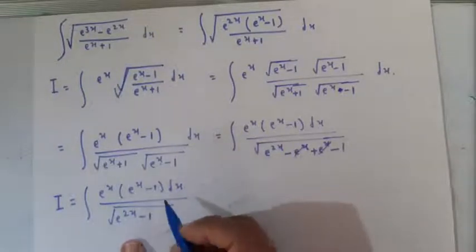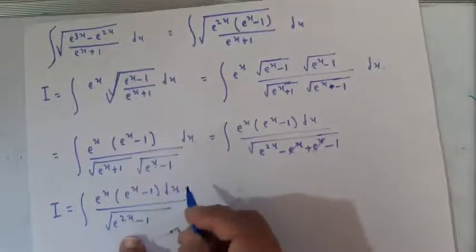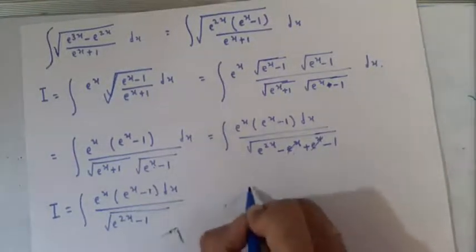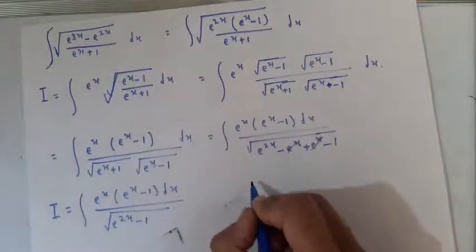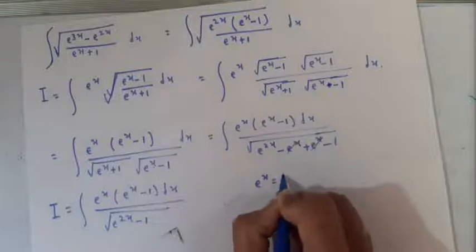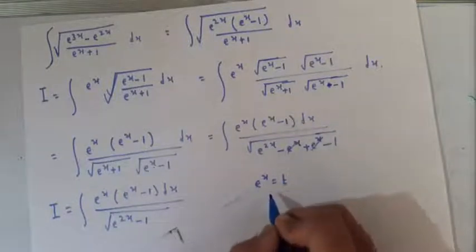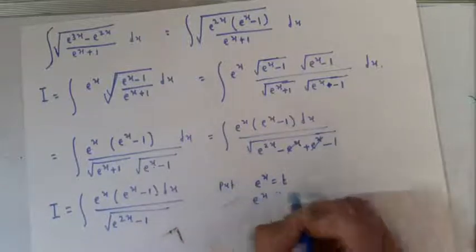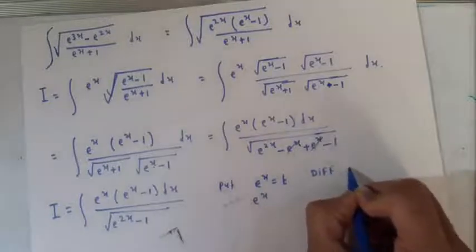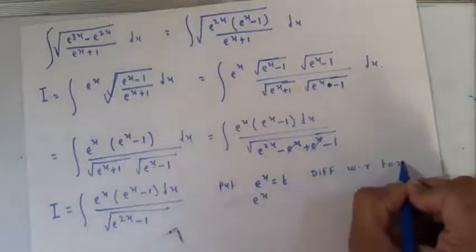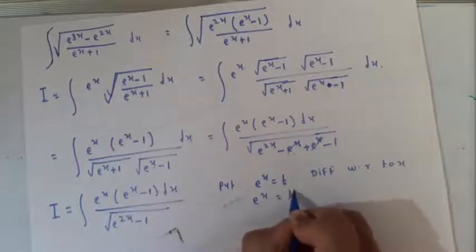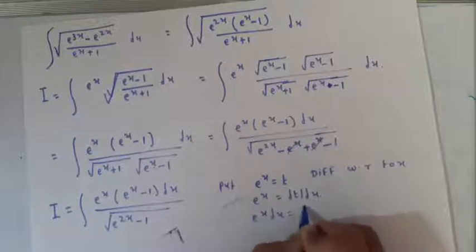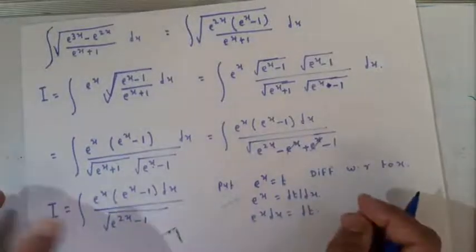To simplify this we can put e raised to x equal to t. Differentiating with respect to x, we get e raised to x equal to dt by dx, that is e raised to x dx equals dt.